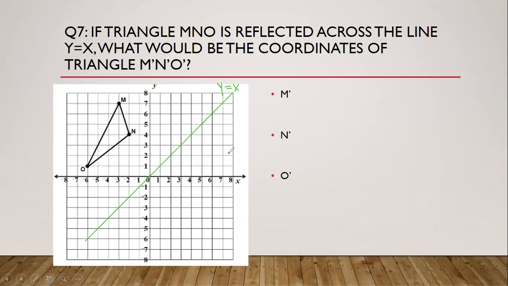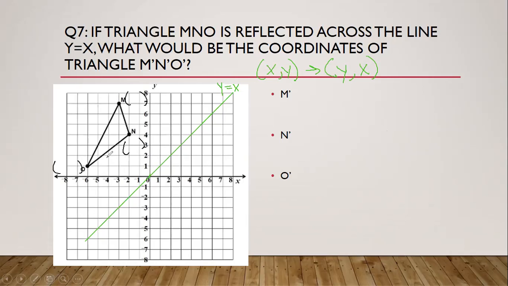The rule for reflecting across the line y equals x is that each point (x, y) goes to (y, x). It switches. That's the rule for reflecting across y equals x. So again, I need to know the points for each one of these so I can figure out the reflected points.